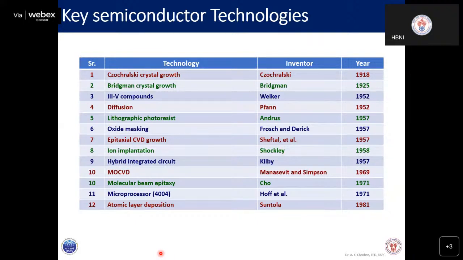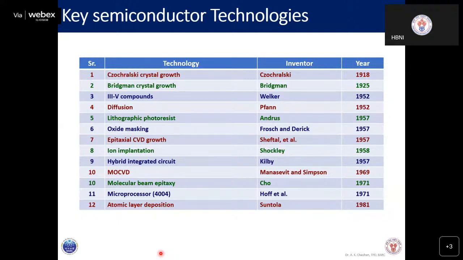Crystal growth we will see, because that is part of our course, how to grow single crystals, Bridgman crystal growth, and then compounds, diffusion, lithography, photoresists. Using photoresists, lithographic techniques are also very important.